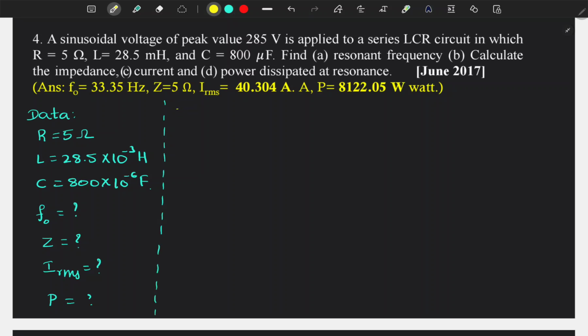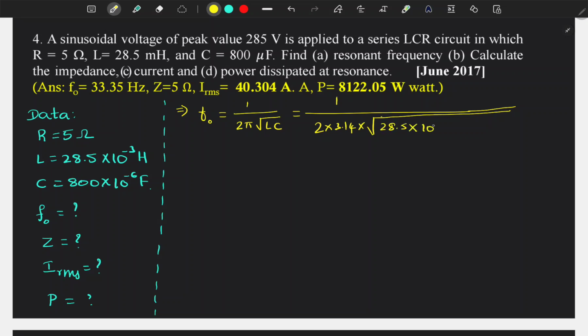So first of all, we have the resonant frequency formula, that is 1 divided by 2 pi square root of LC, that is equal to 1 divided by 2 into 3.14 into square root of L is 28.5 into 10 to the power minus 3 into C is 800 into 10 to the power minus 6.